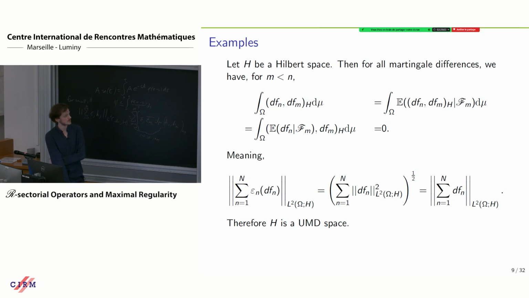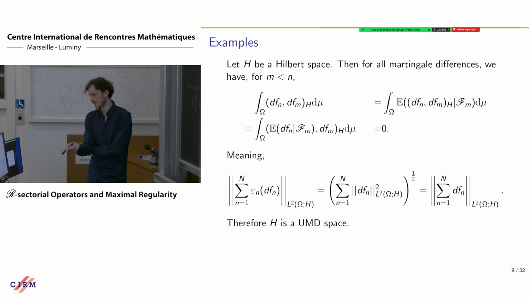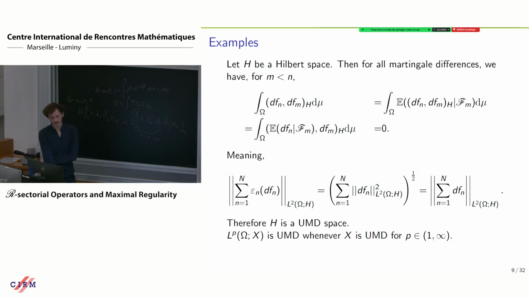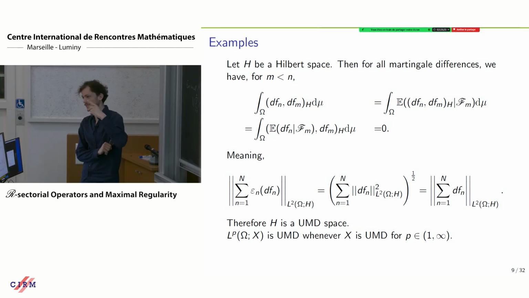So UMD spaces are a class of Banach spaces, which includes every Hilbert space. Every L^p space here is UMD whenever X is UMD. The proof is not so complicated, but it requires a different equivalent definition of UMD space for dyadic martingales.